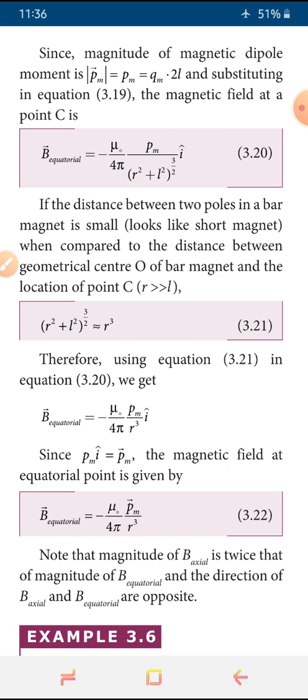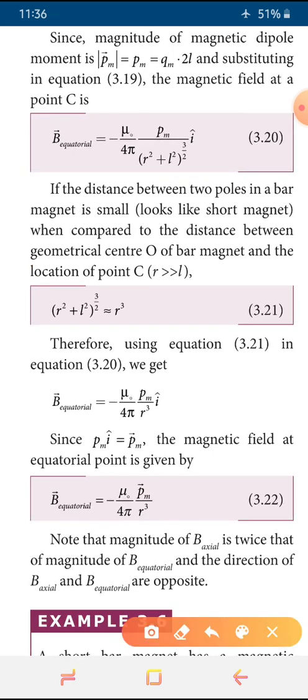Then the equation will become B equatorial vector is equal to minus mu naught divided by 4 pi. So instead of Qm into 2L, we can substitute this Pm. This Pm will become, from the 3.19 equation, I cap divided by r square plus L square whole power 3 by 2.